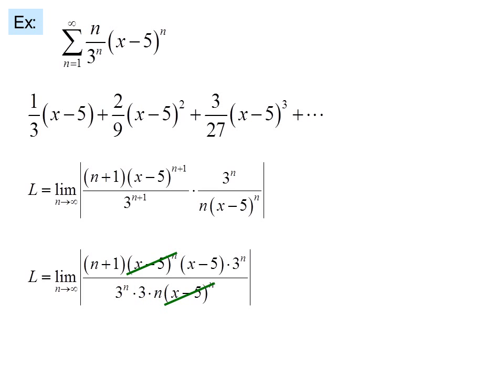Now we can cancel x minus 5 to the n and cancel 3 to the n, giving us the limit as n approaches infinity of the absolute value of n plus 1 times x minus 5 over 3n.